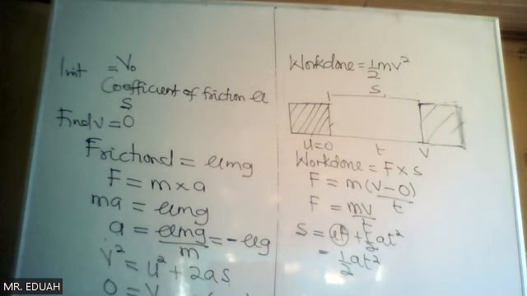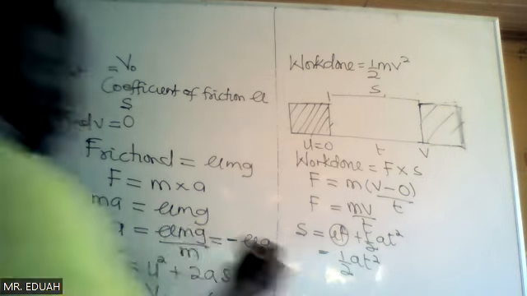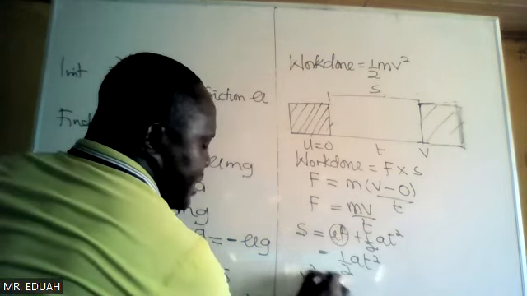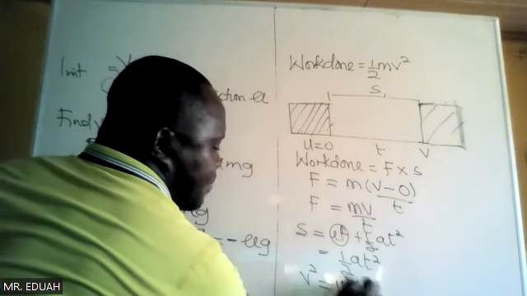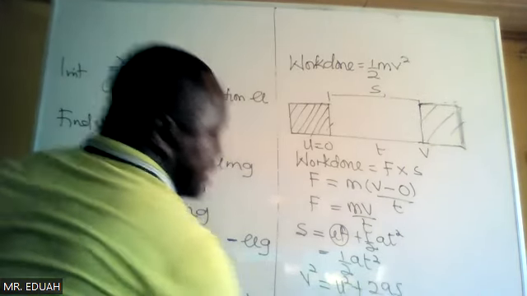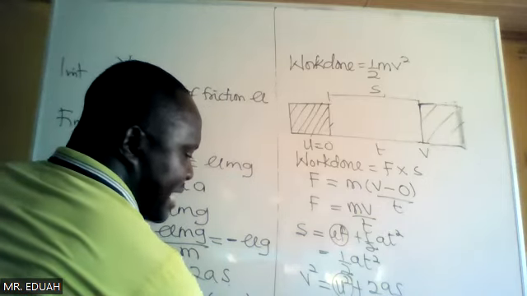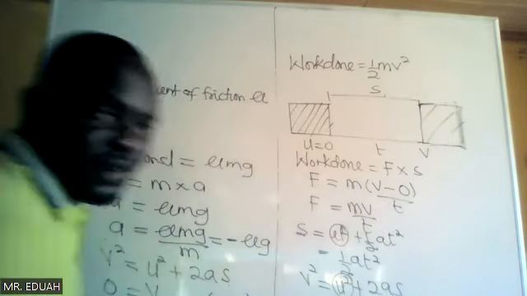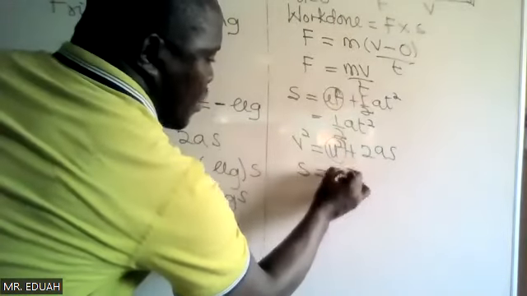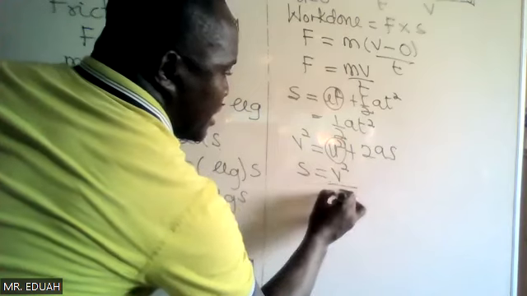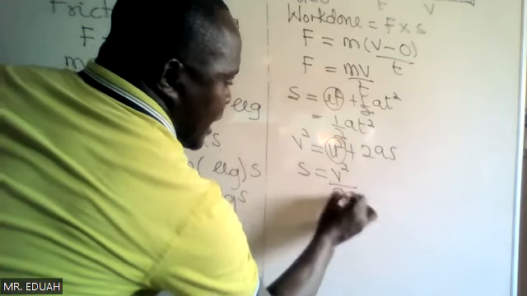Or if you are to use v squared is equal to u squared plus 2as, this is 0. And so the distance s will be equal to the final velocity squared divided by 2a. So let's rather use this.